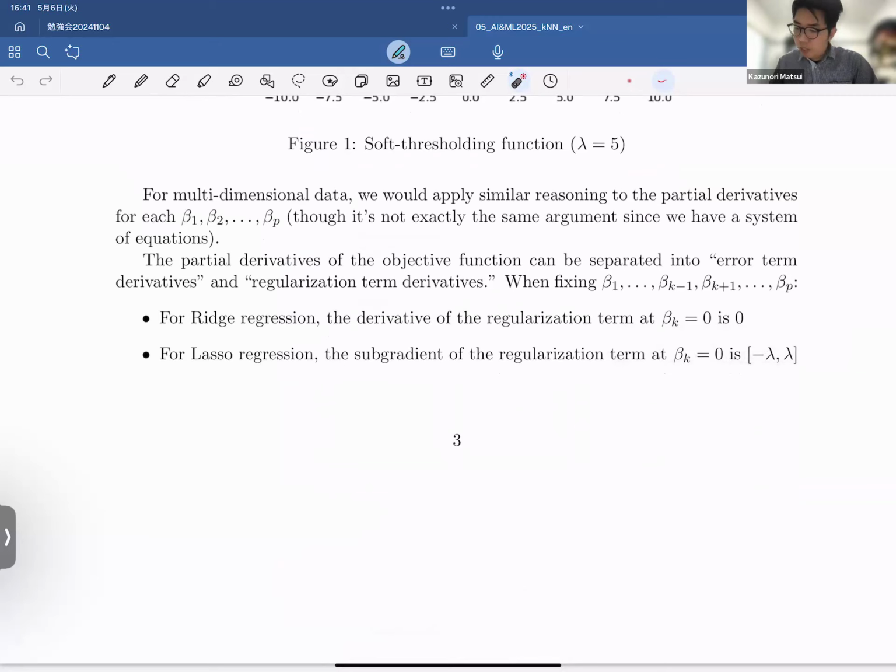For multi-dimensional data, we apply the same argument to the partial derivative with respect to each of beta 1, beta 2, beta 3, and so on. While not exactly the same discussion, the reasoning is similar. This is why coefficients in lasso regression can become exactly zero, while in ridge regression they are less likely to become zero.